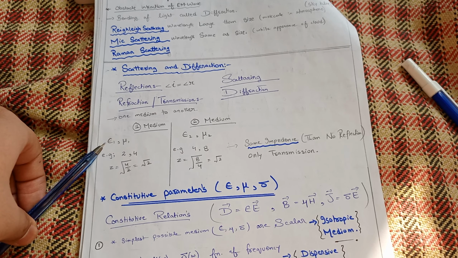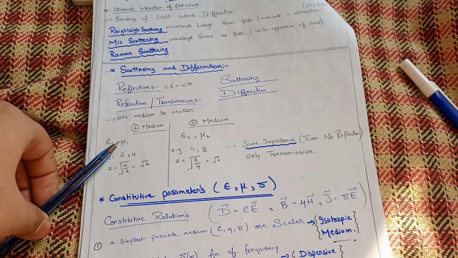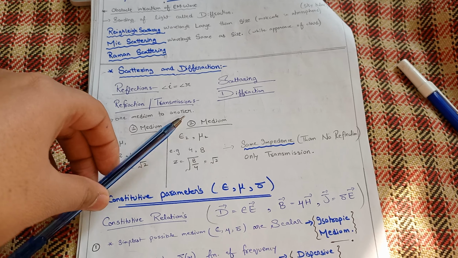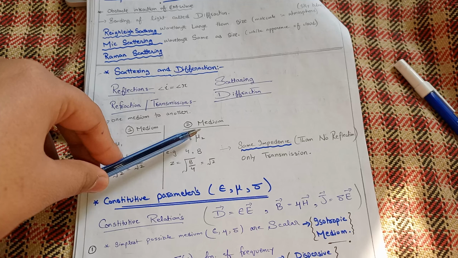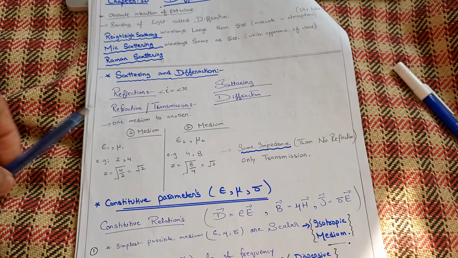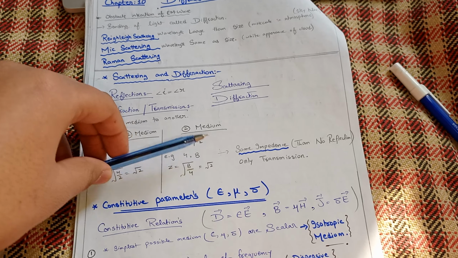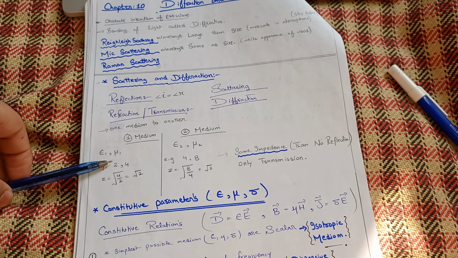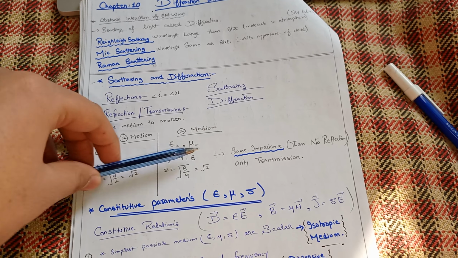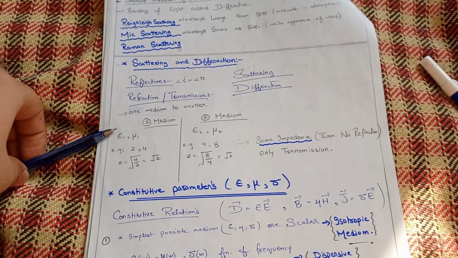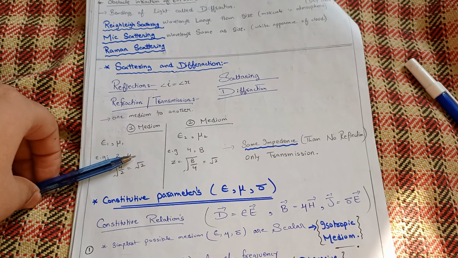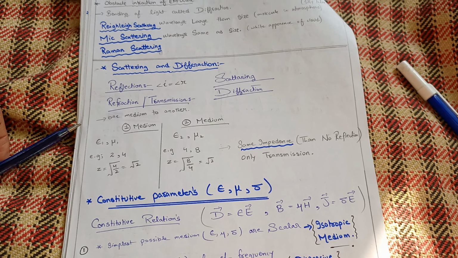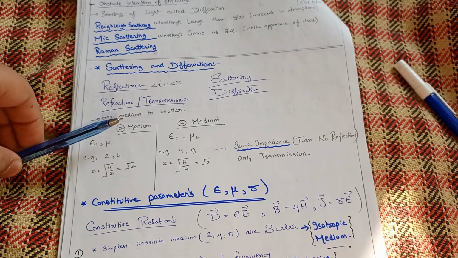Suppose epsilon 1 is 2, mu 1 is 4, epsilon 2 is 4, and mu 2 is 8. This means medium 2 is exactly double medium 1. You can see 2 becomes 4 and 4 becomes 8.